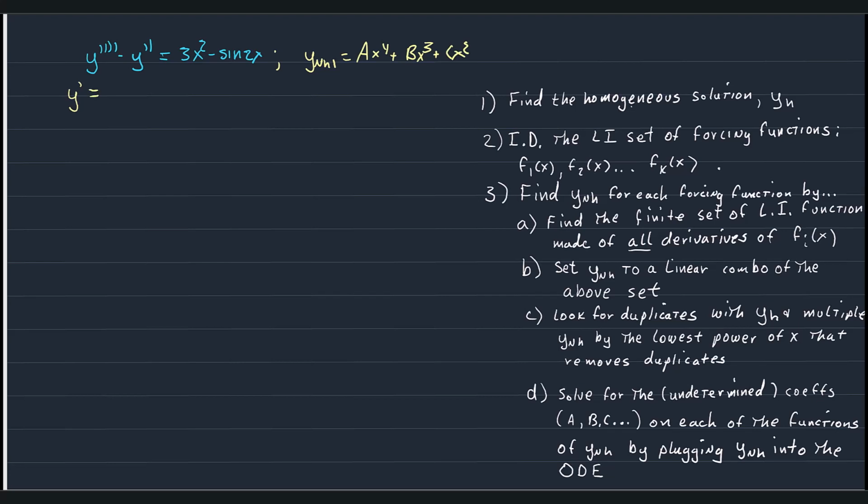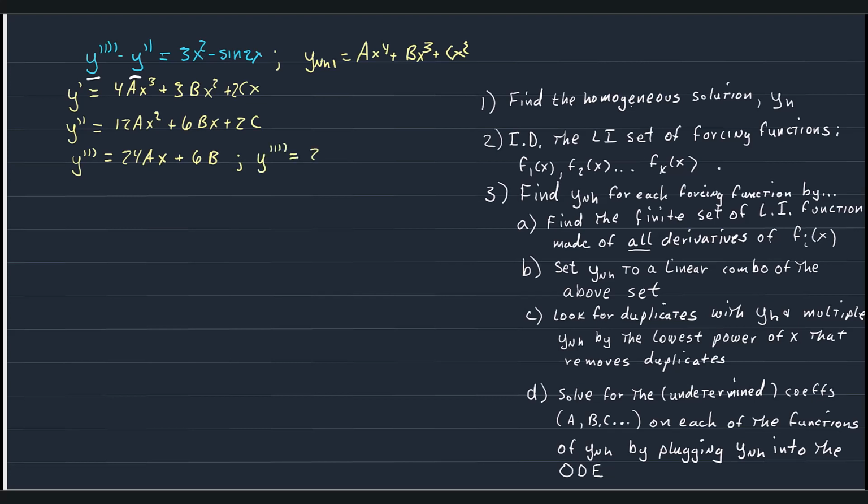Our first derivative gives 4ax cubed plus 3bx squared plus 2cx. y double prime gives 12ax squared plus 6bx plus 2c, y triple prime gives 24ax plus 6b, and then y quadruple prime is equal to 24a.